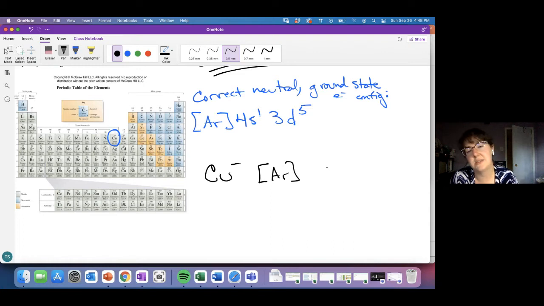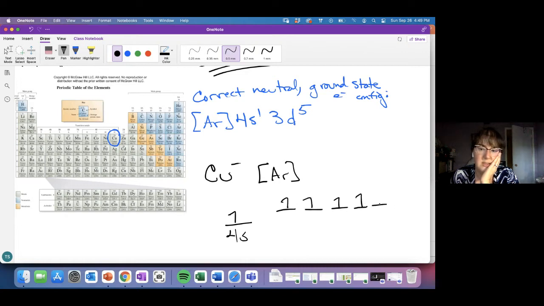So in that case, we're going to continue to play the stability game, is the argument I would make. So if we're starting off with this, I'm going to argue that the best way to keep copper as stable as possible would be to go ahead and complete the, oh, pardon me, it's not 3d5.